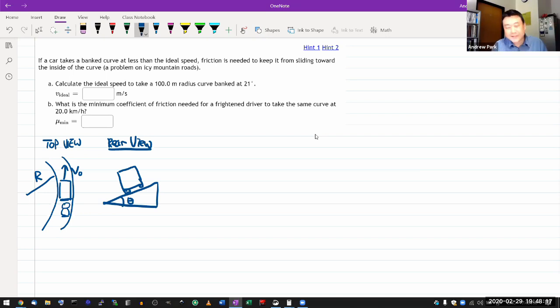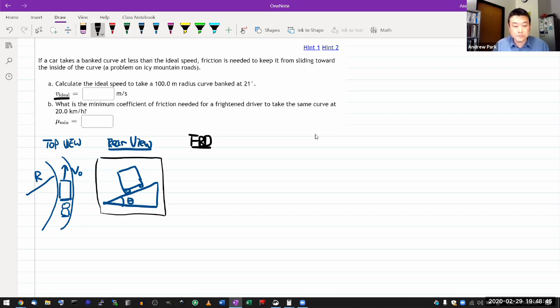So let me draw a free body diagram. Try to talk about the interactions without there being a free body diagram. So the free body diagram of the car looks like this. There's no force along the direction of movement because I'm assuming it's moving at constant speed. This is V ideal. So the only forces necessary are within this plane of the rear view.